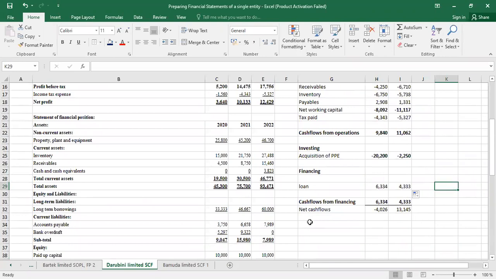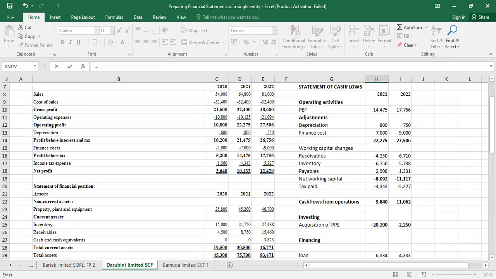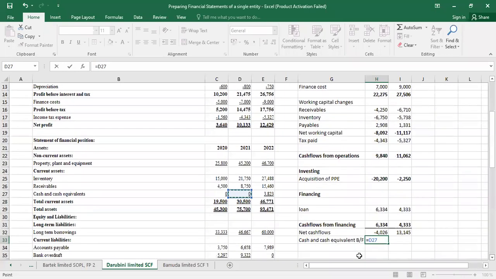Now to confirm, this one is the net cash flow. So we go to cash and cash equivalent. The first one is brought forward. Equals, remember we are on 2021, so it will be this one. Brought forward should be the starting balances, and this one would be carried down.